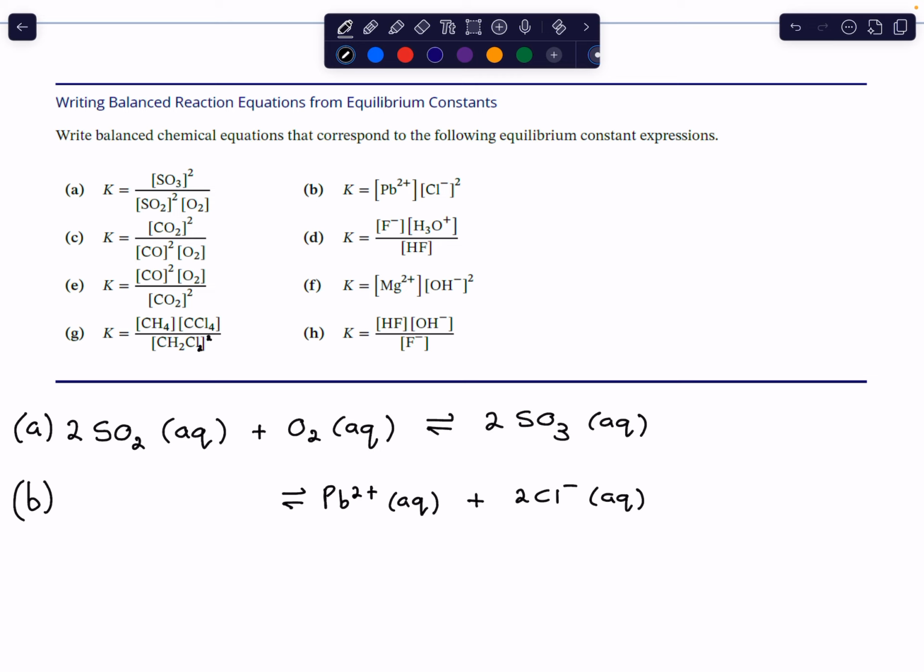Those are the products, because otherwise it would have been 1 over something. But it's only that. So what is the reactant? Well, the reactant is 1, because the only time you see only the products is when there is an implicit 1 that is absorbed into the equilibrium constant expression.